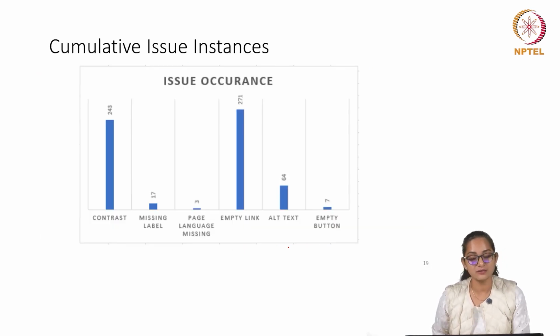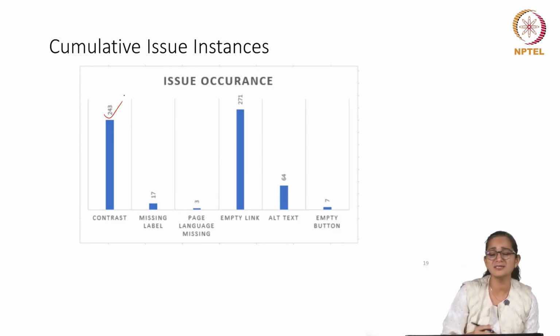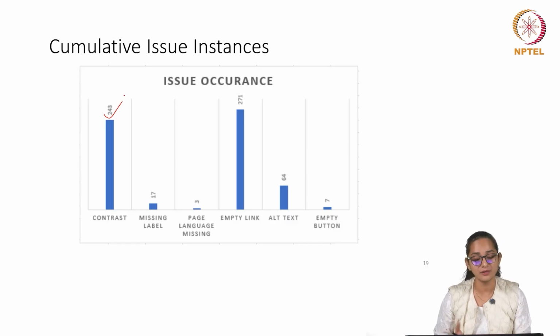So I'm just trying to understand what kind of issues are more common in all of those. Contrast seems very obvious, right, but seems to be the most common issue. Empty link again seems very common or very obvious: if there is something clickable, it needs to take you somewhere, right?